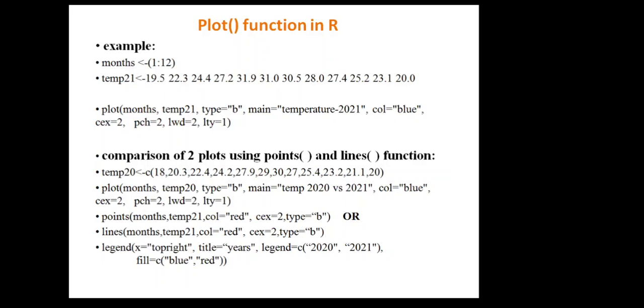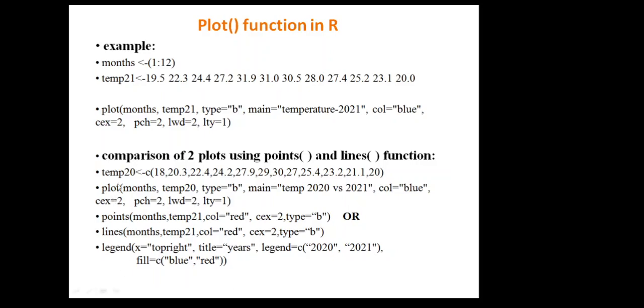Okay. Now we'll see how to compare two plots. See, in a single graph we can plot two line graphs. Okay, and we can make a comparison of those two line graphs. So we'll see now how to compare these two line plots. So for comparison, we need to draw two different graphs.